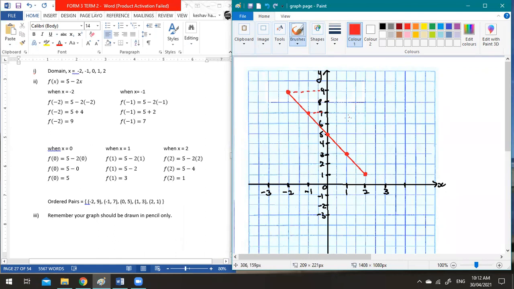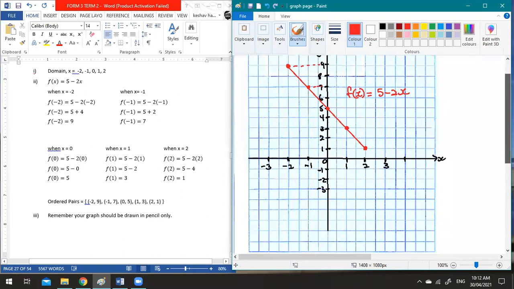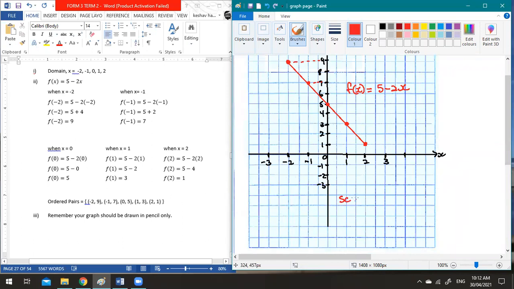When you're drawing graphs, you must always label your graphs. So this graph will show the function f of x is equal to 5 take away 2x. To the bottom of the graph, you always have to write your scale. Right? So 2 centimeters to 1 unit on the x-axis and 1 centimeter to 1 unit on the y-axis.